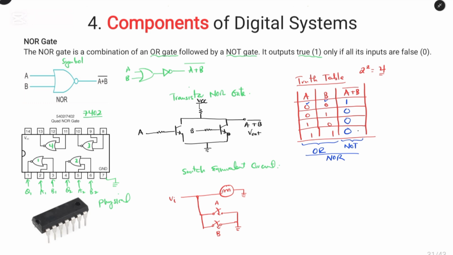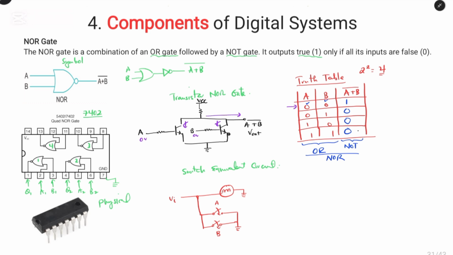Now we can explain what really happens in the transistor and switch equivalent circuit. For the first combination, when we apply 0 volts at both the inputs, what will happen? No current will flow in this direction and no current will flow in this direction. All the current will flow to the output.